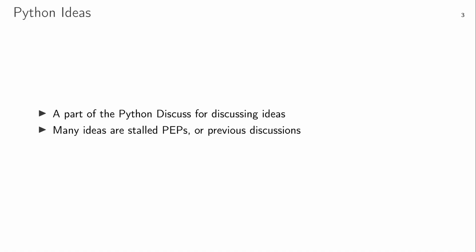There's roughly, I forget the exact number, about 50 or 60 threads of ideas posted to the Python Ideas forum a year, and for most of those ideas, the response is like, the last person who brought it up, here are all the responses that said it's a really bad idea, go and have a look at this thread.